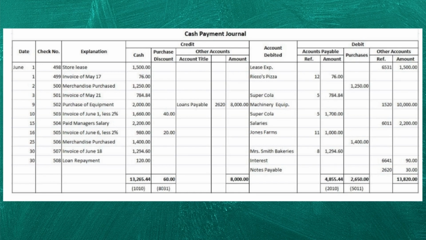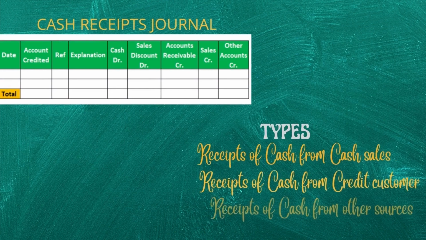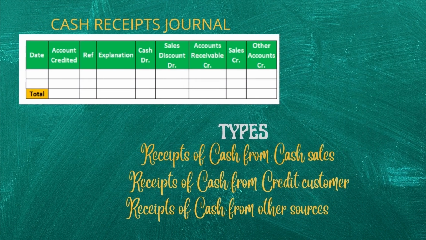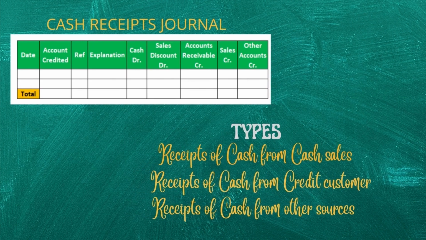The debit columns will include at least an accounts payable column, a purchases column, and an other accounts column. Again, other specific account columns can be added if needed. The main source of entries for this journal are check stubs and payment requests.